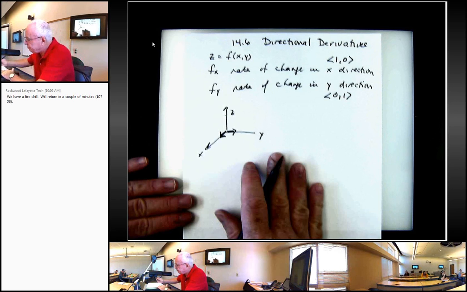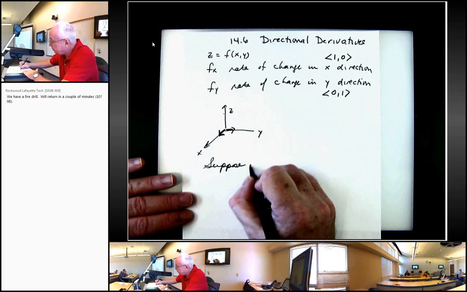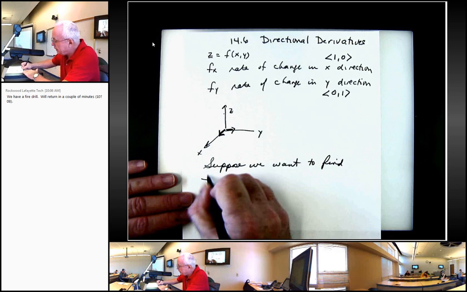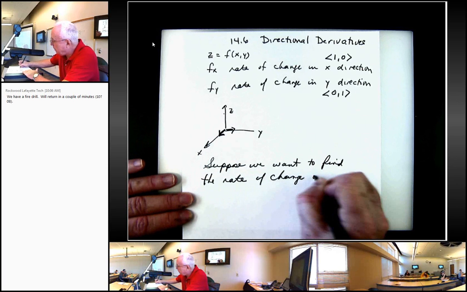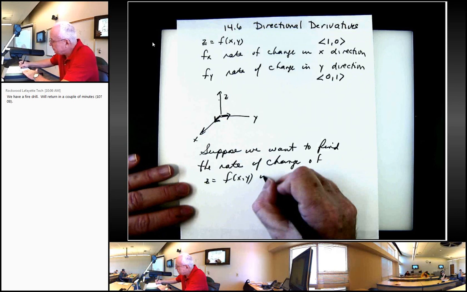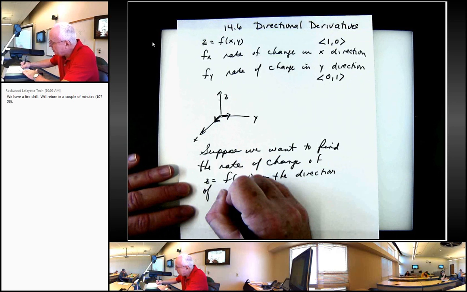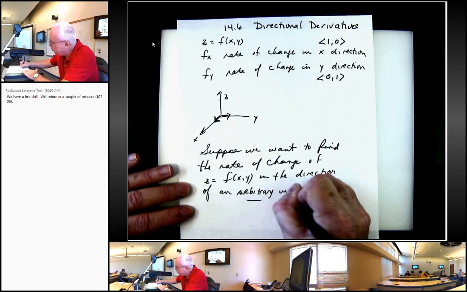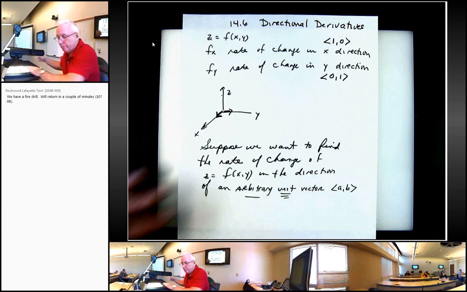So, suppose we want to find the rate of change of z equals a function of x and y in the direction of an arbitrary unit vector <a, b>.